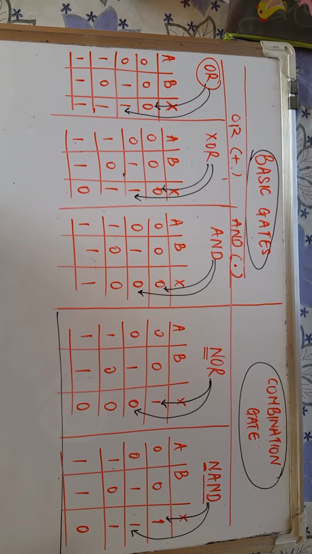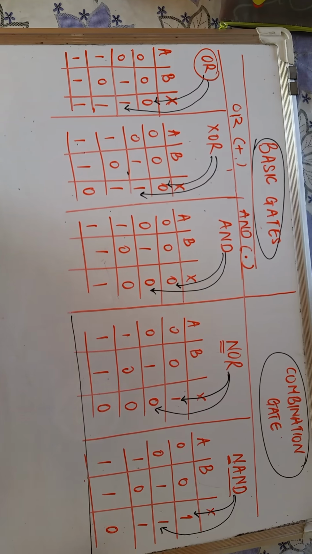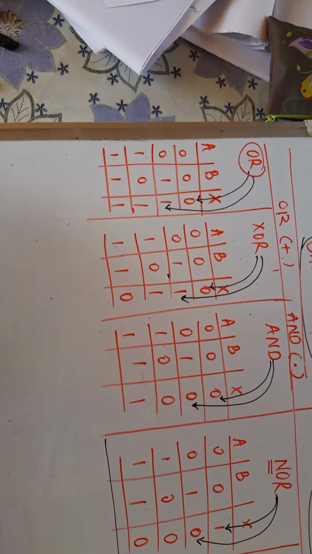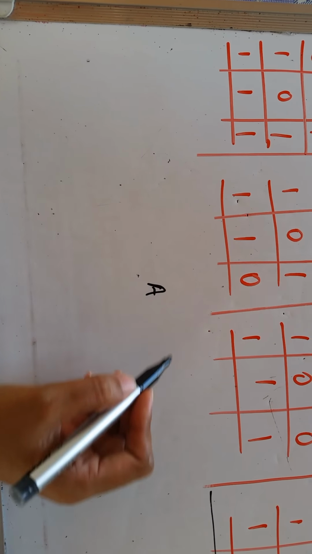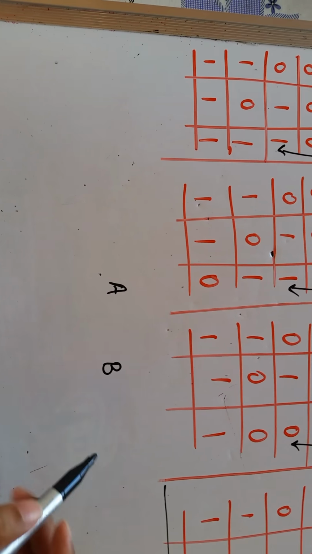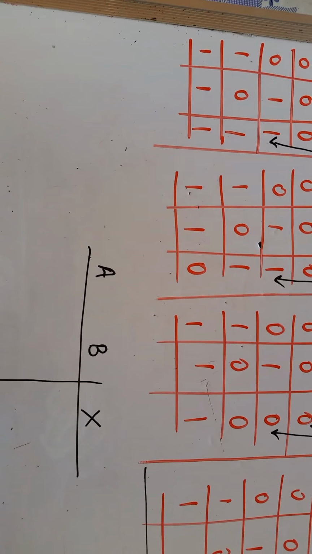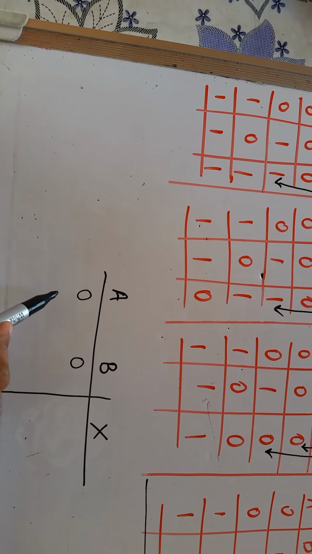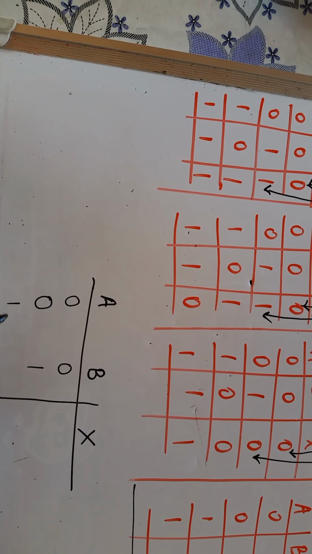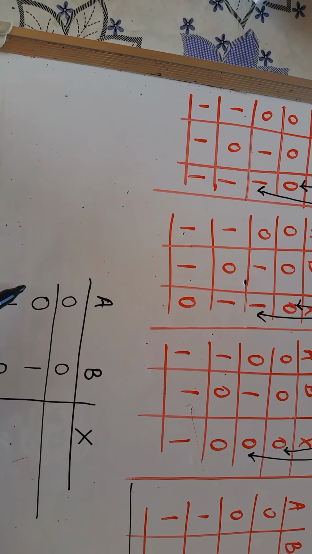If you are given a basic truth table, that is two input, and you are given the output, you will be required to find the basic gate that corresponds to the output.